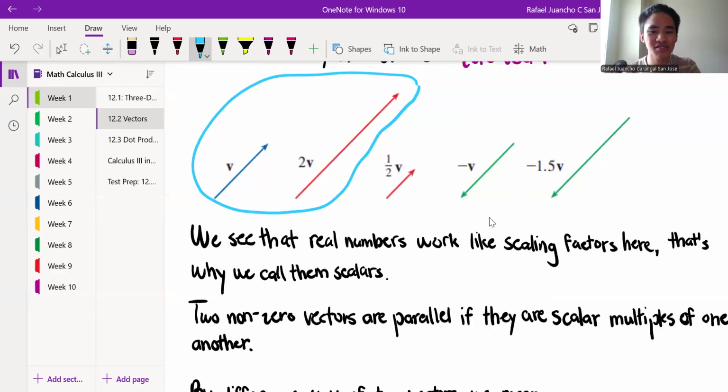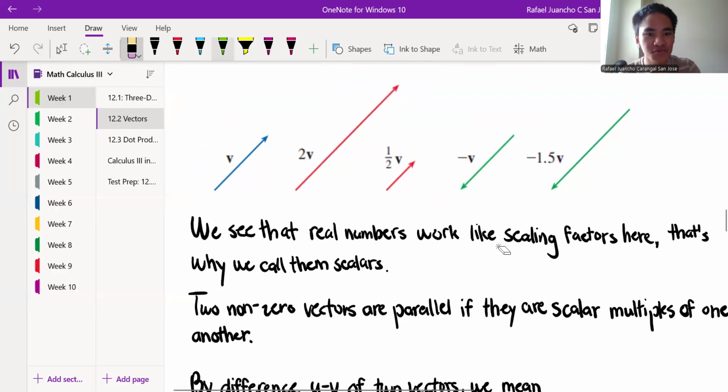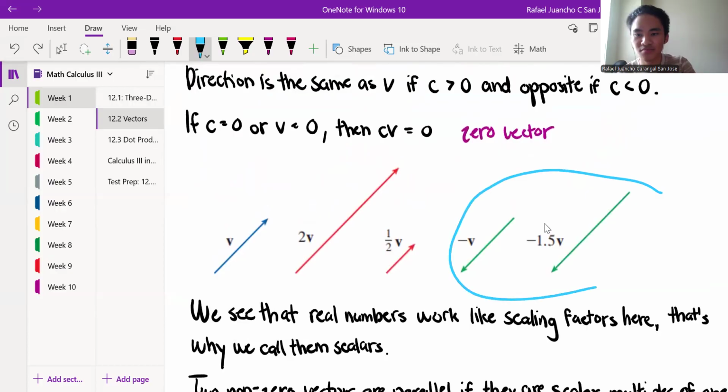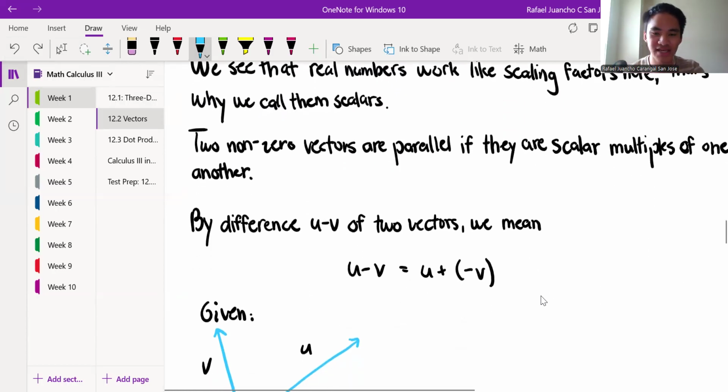Because there I just multiply this by 2. The other one's a 1. Another one's this one. And then another one is this one. So we're just multiplying something, or we're scaling something by a factor.